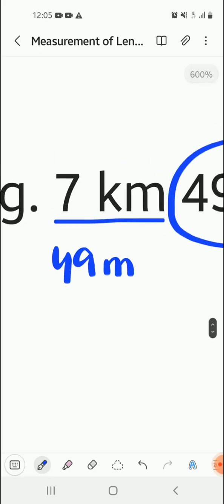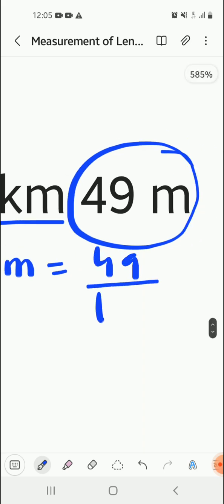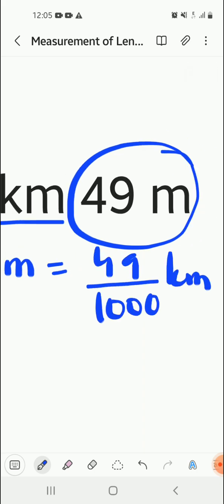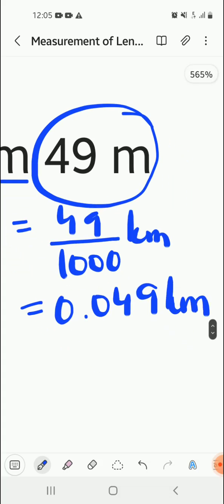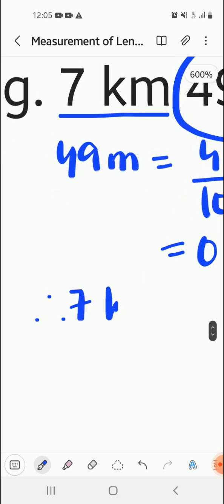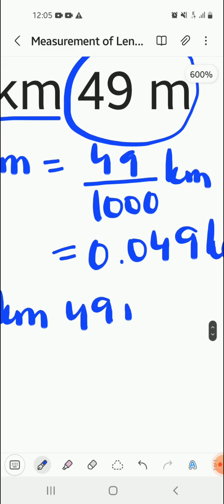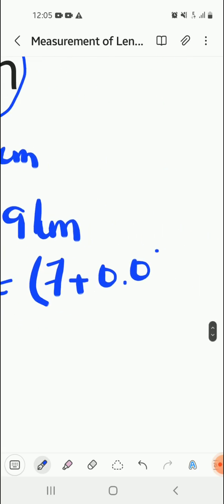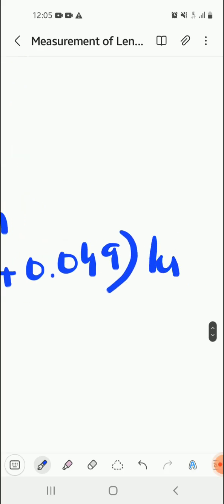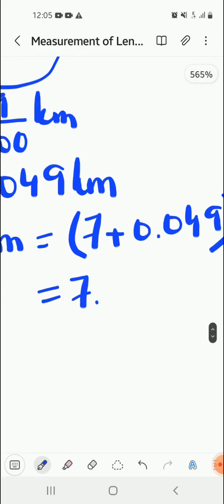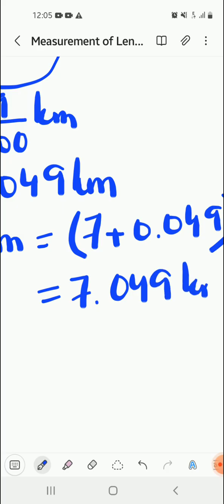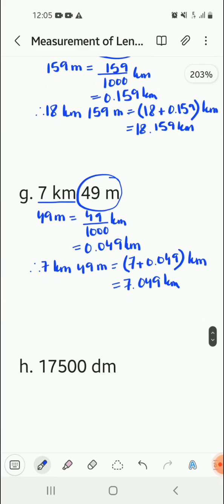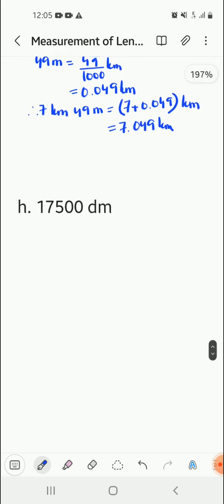So 49 meter is equal to 49 by 1000 kilometer, which is 0.049 kilometer, and therefore 7 kilometer 49 meter is equal to 7 plus 0.049 kilometer, and if we add it, we get 7.049 kilometer. That is it. Moving on to the next question.